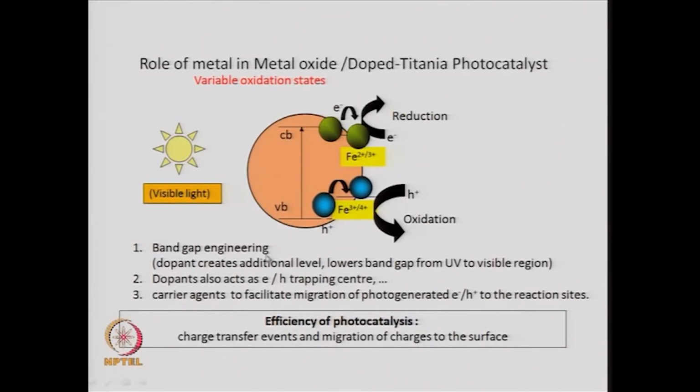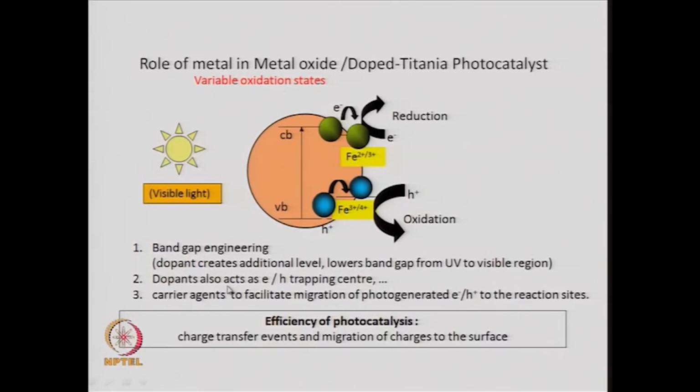So, this kind of band gap engineering, where the dopants create additional levels, lowers the band gap from the ultraviolet to the visible region, and hence this catalyst becomes active in the visible region. Here the important thing is you have chosen a metal oxide with variable oxidation states.